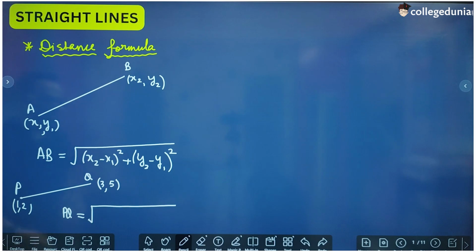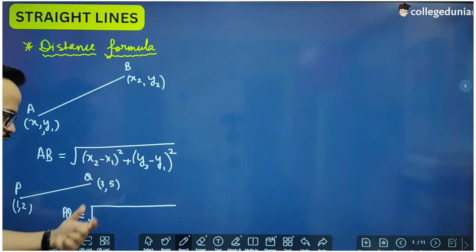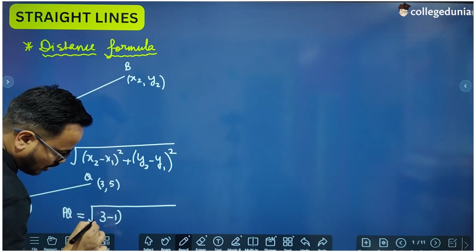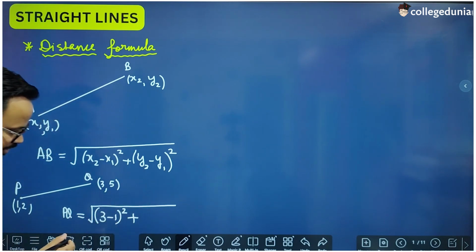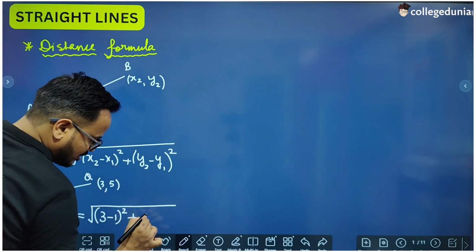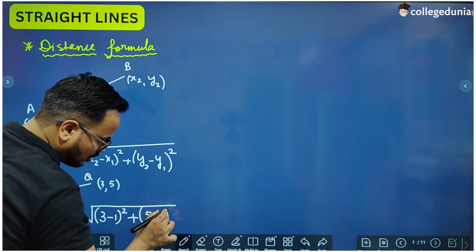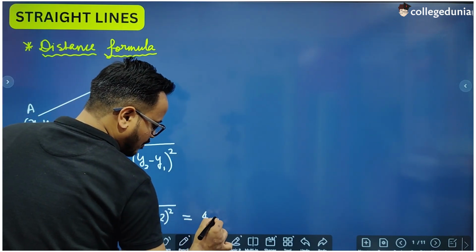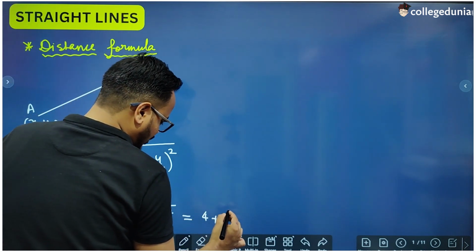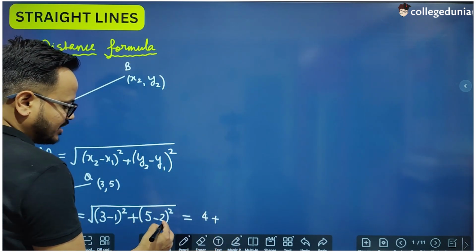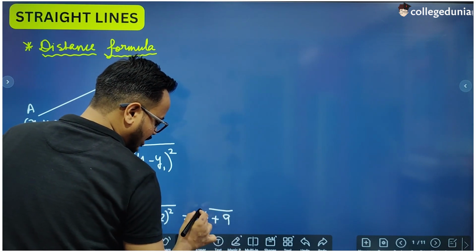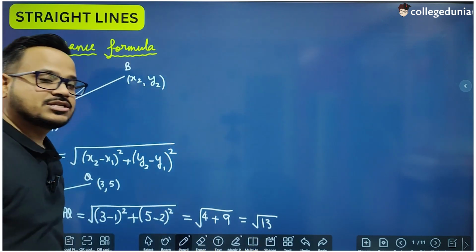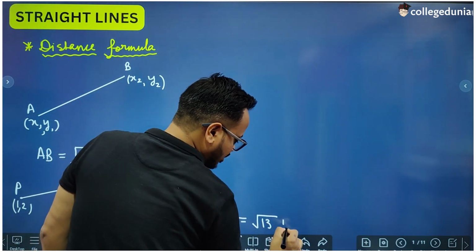So that distance is the difference of y coordinates, that is 3 minus 1 whole square plus the difference of x coordinate, that is 5 minus 2 whole square. So this is what? 3 minus 1 is 2, square of 2 is 4, plus 5 minus 2, sorry 5 minus 2 is 3, square of 3 is 9. So the distance between these 2 points is root 13 units.